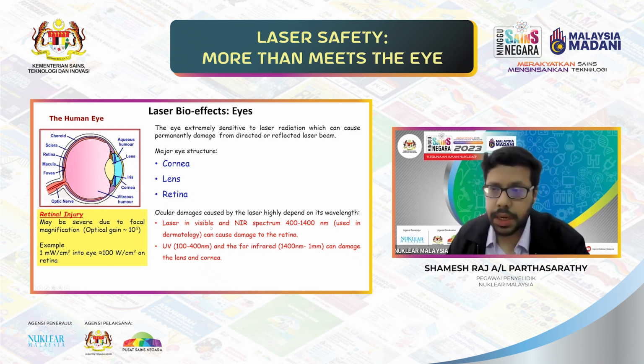Laser in the visible and near infrared spectrum, NIR, from 400 up to 1400 nanometers, normally used in dermatology, can cause damage to the retina itself, right? In terms of UV wavelength, from 100 up to 400 nanometers, and far infrared, 1400 nanometers up to 1 millimeter, generally these wavelengths could damage the lens and the cornea.